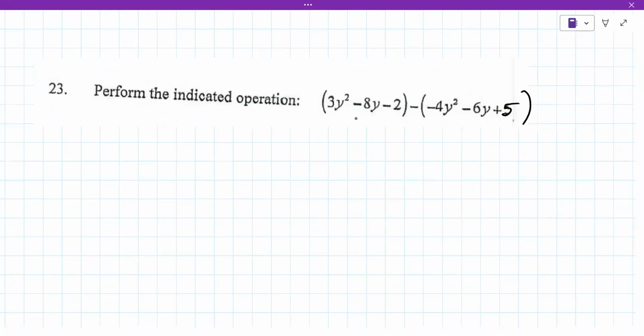We did problems like this the last hour. You have to distribute that negative to all terms. Okay.